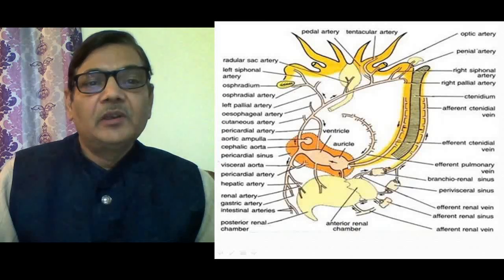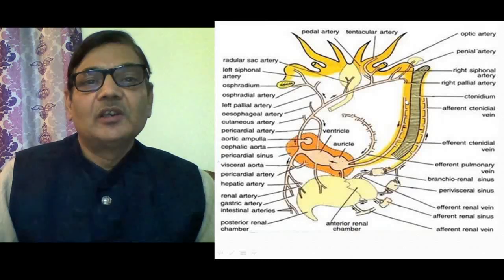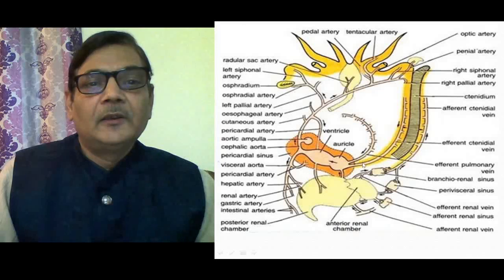But when the animal is in the aquatic mode of life, then gills assist in respiration. At that time, the oxygenated blood comes to the heart, to the auricle, through the efferent ctenidial vein. This efferent ctenidial vein collects blood from the gill lamellae, and then it supplies this blood to the heart.